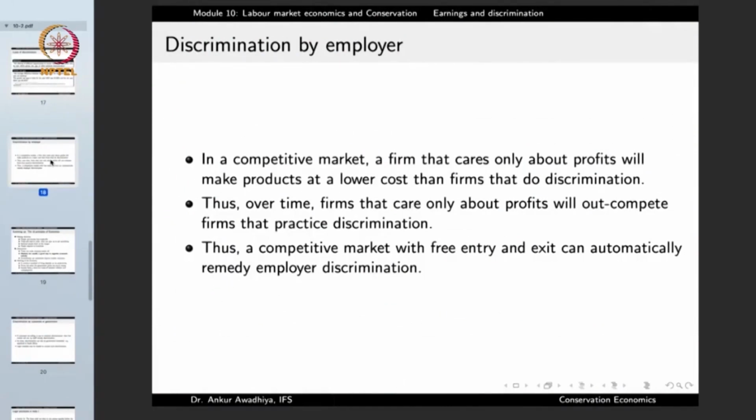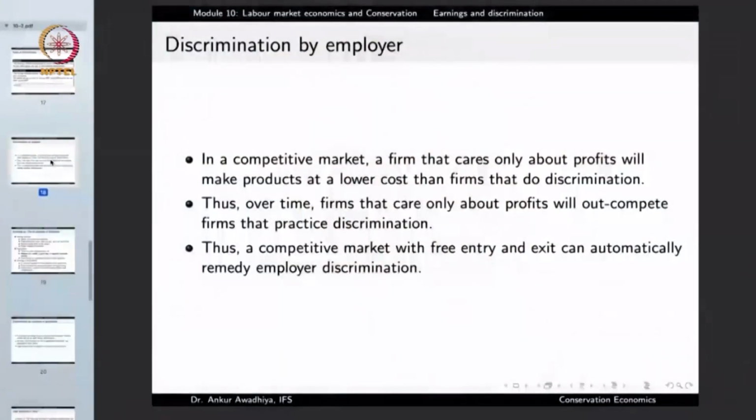a free market in certain cases is able to solve the problem of discrimination by itself. Now, how is a free market able to solve this problem? In a competitive market, a firm that cares only about profits will make products at a lower cost than firms that do discrimination.